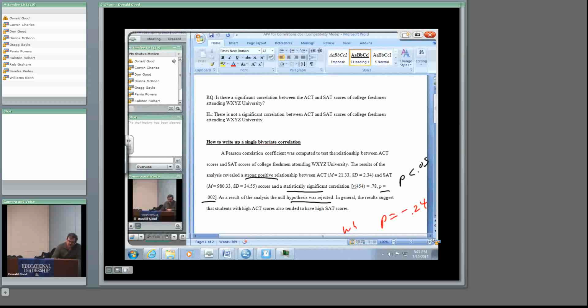Well, first of all, it would be negative because my number is negative, and it would be weak because it's bigger than 0.05. Well, I've got something wrong here. Yeah, hang on.